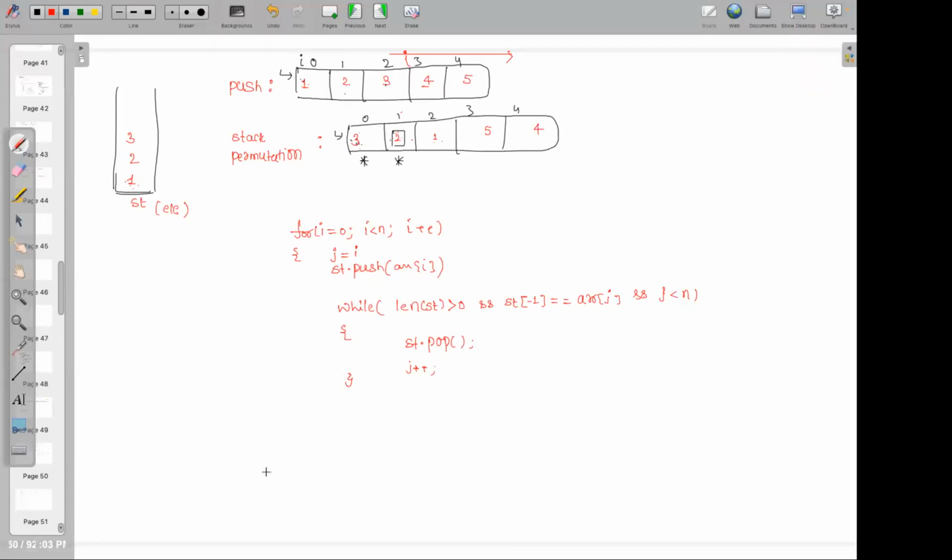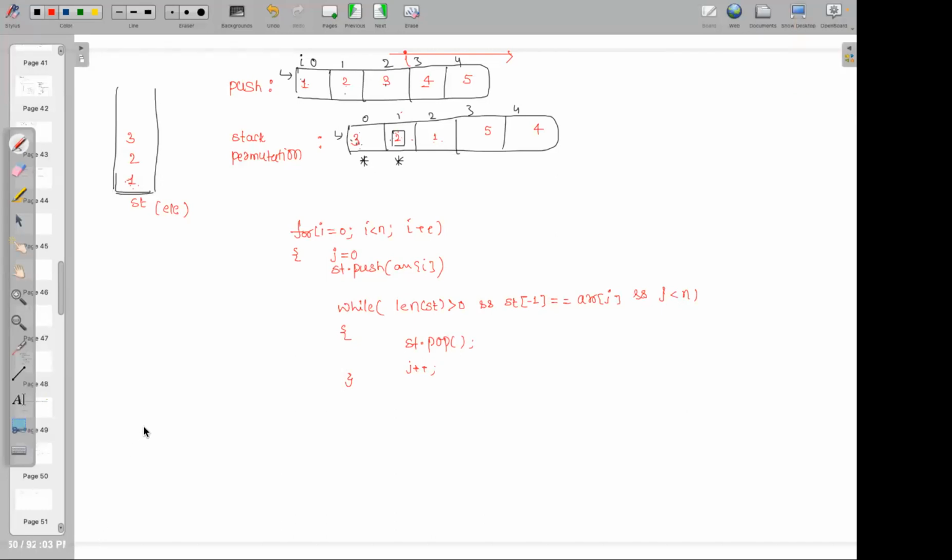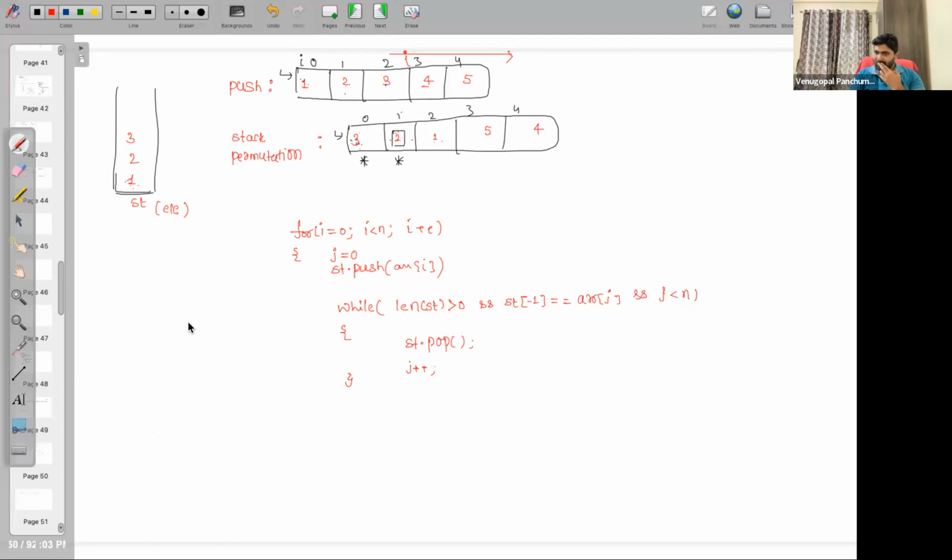j has started at 0. Okay, very good. Now does it work? Yes. Tell me, friends, does it work? Somebody is saying no. Okay, Ayush, can you tell me what is the correct approach?